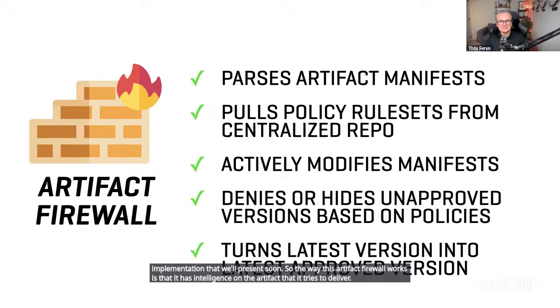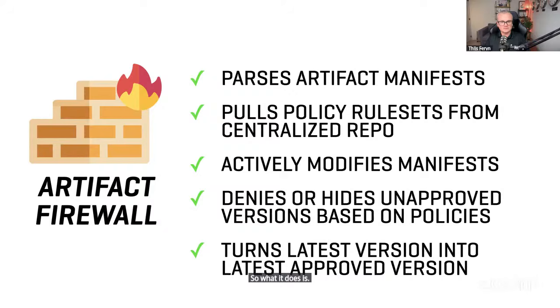As you pull in all sorts of artifacts, it inspects the manifests, because every type of artifact has a manifest that provides metadata that gives you the available versions. And what we do is we inspect those versions and we inspect those artifacts, and we look at policies that you can define as part of a rule set.